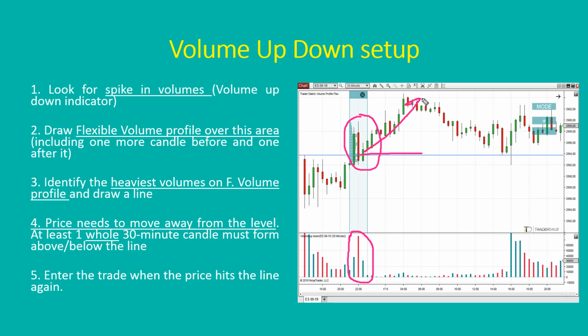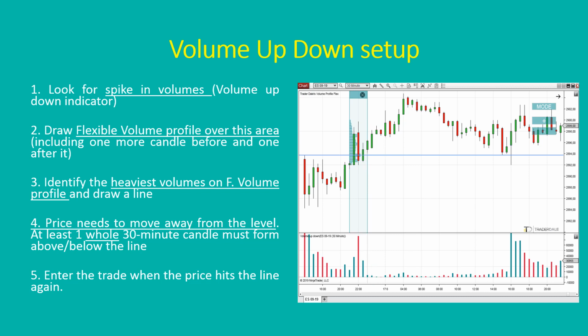They pushed it upwards. After it, you just wait for a pullback and you expect that those buyers from this area who pushed the price upwards will be defending their positions and pushing the price upwards again. That's the logic behind this setup.